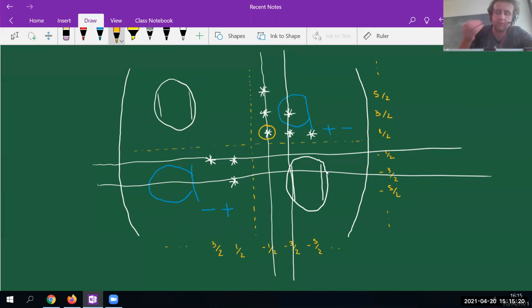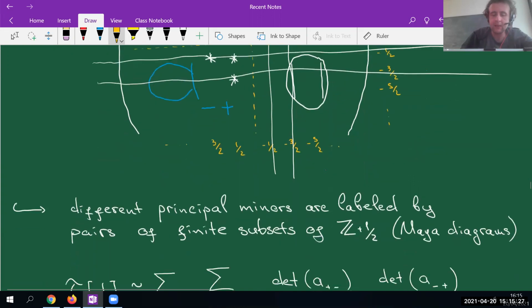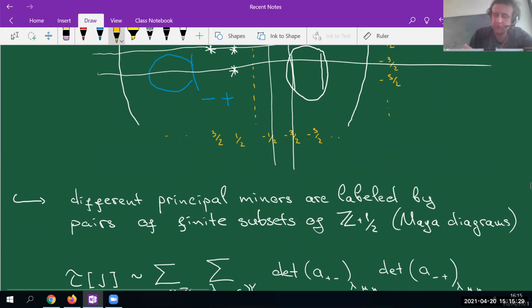This is coming from the matrix structure of the Riemann-Hilbert problem that we are solving. So this means that in addition to these half integer indices, we will have colors, say red and blue, and the different principal minors will be labeled by a red subset of half integers and a blue subset of half integers.